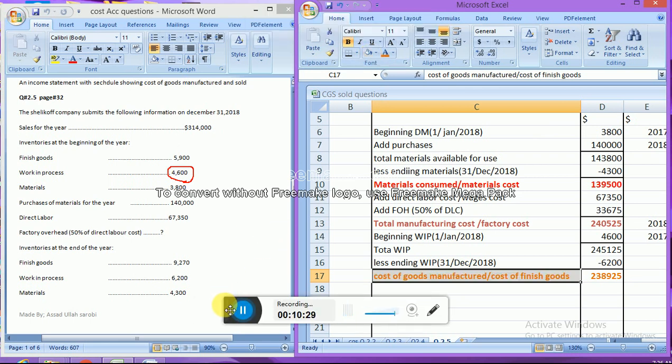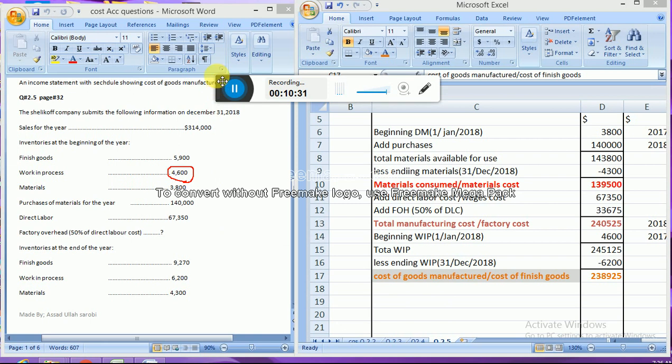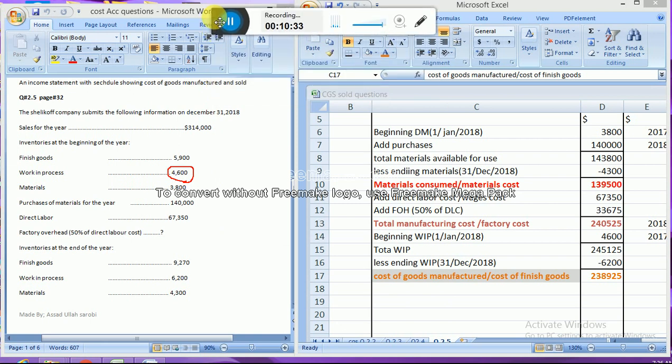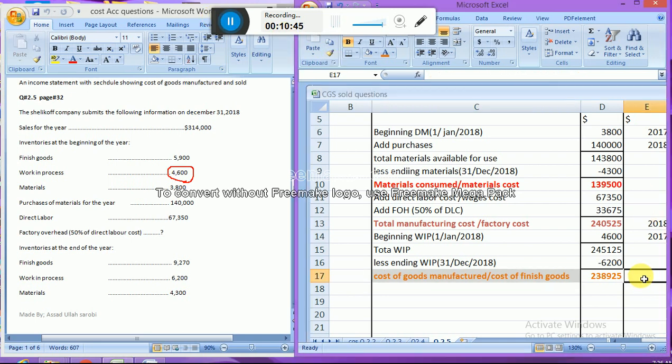Means that during the year 2018, our net production of the finished goods is 2,38,925. This is our 2018 finished goods. But we will also check whether we have finished goods from the previous year or not.